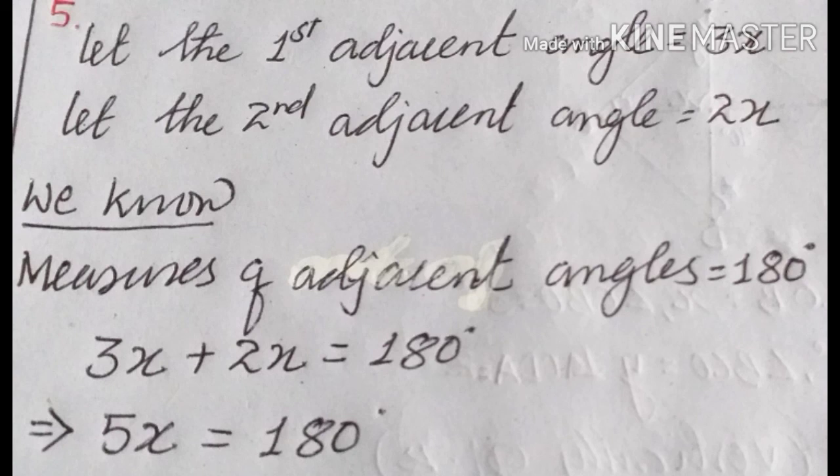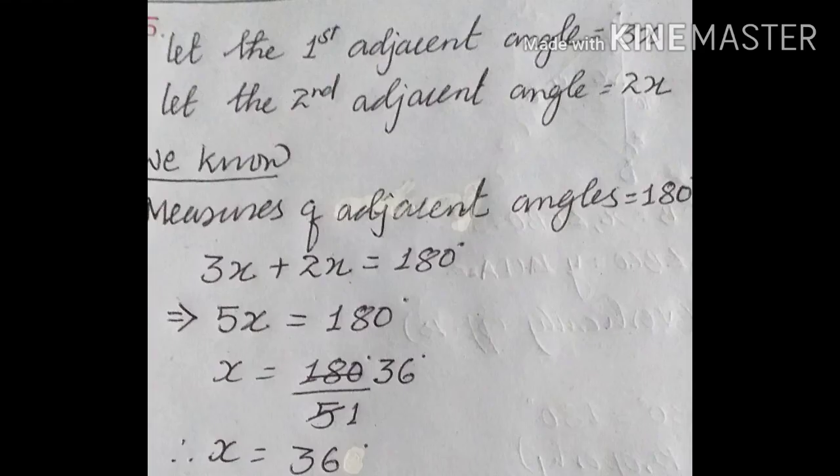That will be 5x equals 180 degrees. So we have to find the value of x. X equals 180, we have to transfer this 5, so it will be divided by 5. Therefore x is equal to 180 by 5. That means 5 ones are 5, 5 threes are 15, 5 sixes are 30. Therefore x is equal to 36.